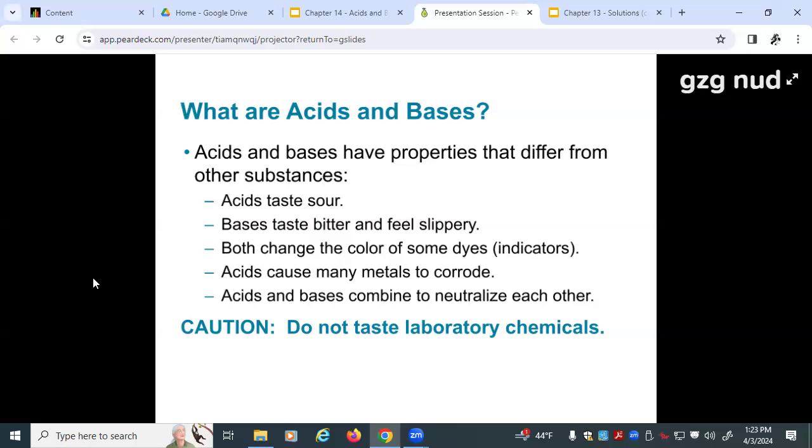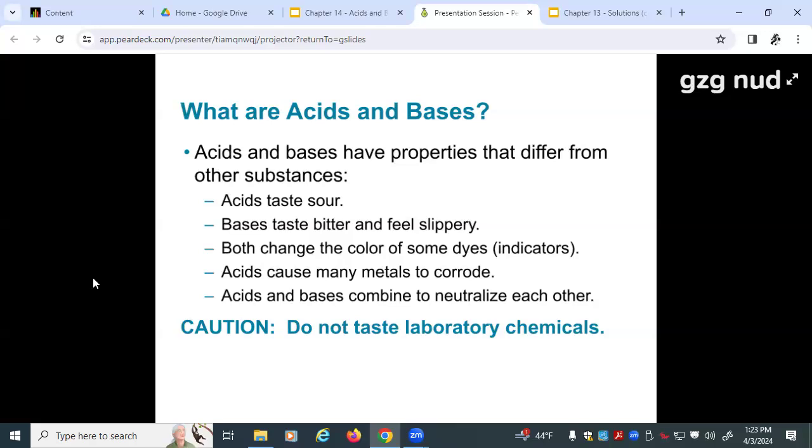And acids and bases, generally, when we combine them, neutralization reactions take over. And that usually results in the end product being water and some kind of salt as a result of those neutralization reactions.